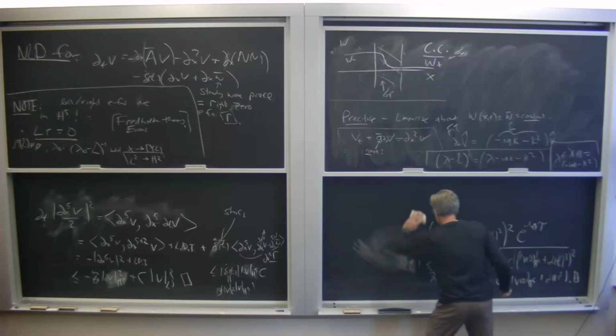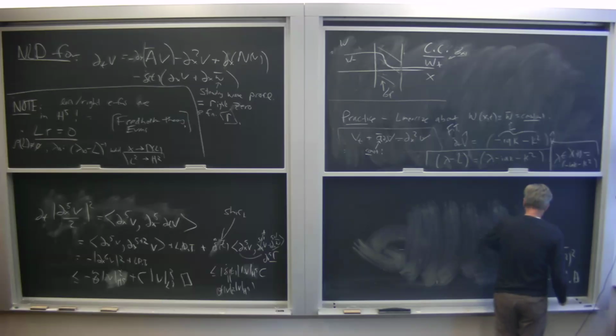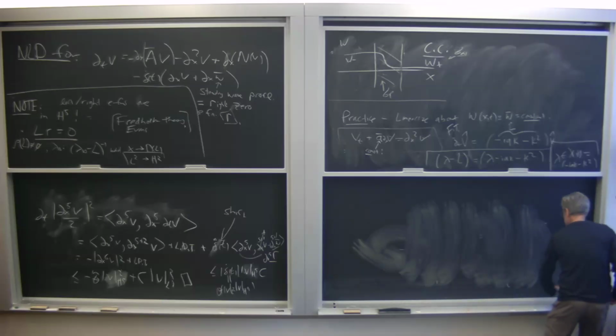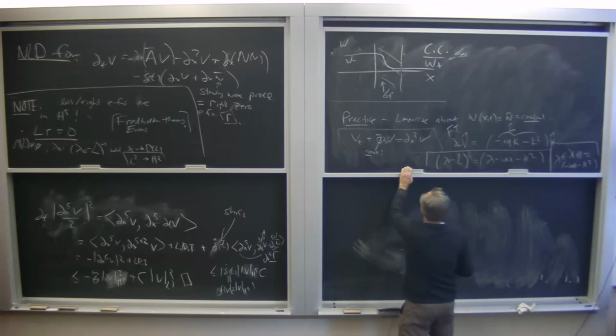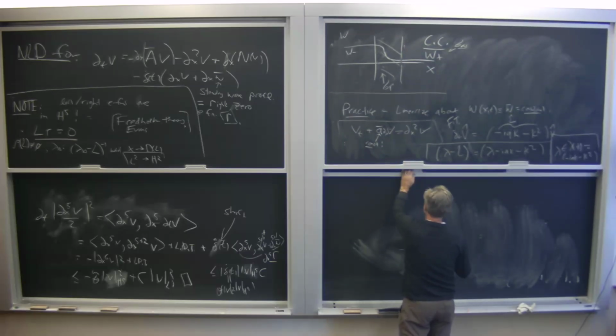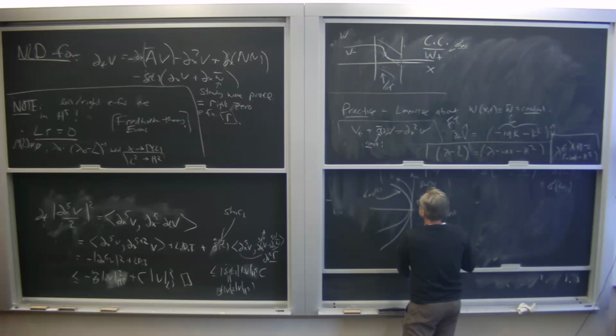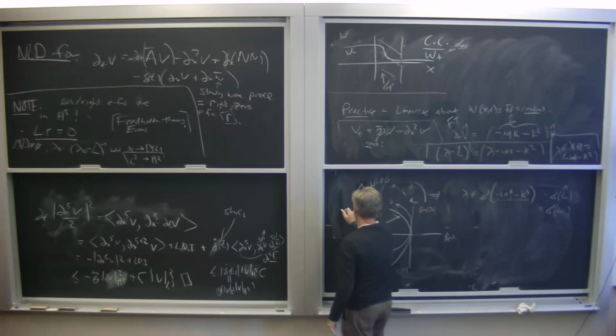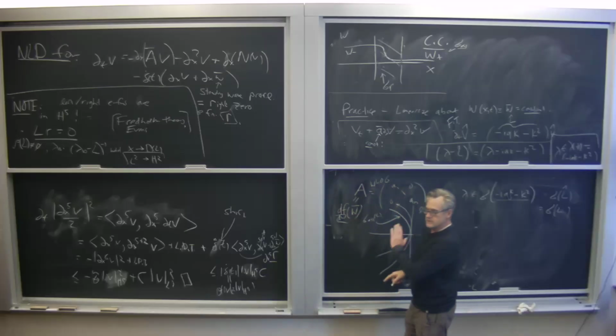That was our practice, and that's quite suggestive. Oh, I'm sorry, A equals, there you go. Oh, did I just erase it? A equals df over dw of w bar, which is constant.